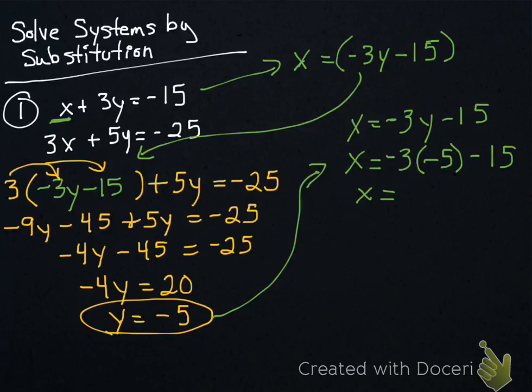So x is equal to 15 minus 15, which is 0. Real anticlimactic there. Now we have our entire answer. Our entire answer is 0, negative 5.